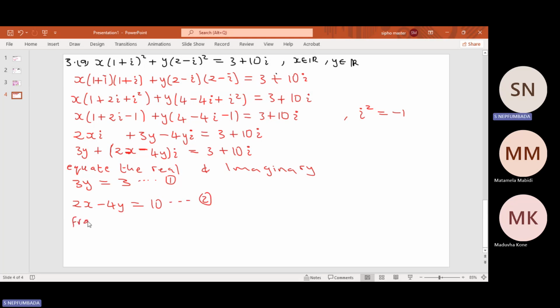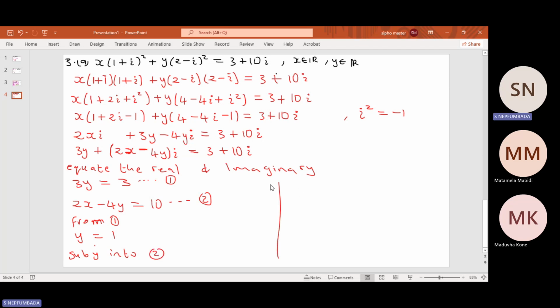So from 1, we're getting that y is equal to 1, and then we divide both sides by 3. So meaning that we're going to substitute y into 2.